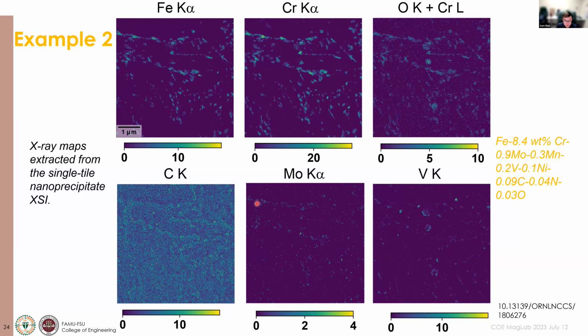So let's see how this map is going to give us. This is using my master from one single tile data. You'll be able to see these, especially the moly and these vanadium precipitates, which these people are very interested in for fusion applications.